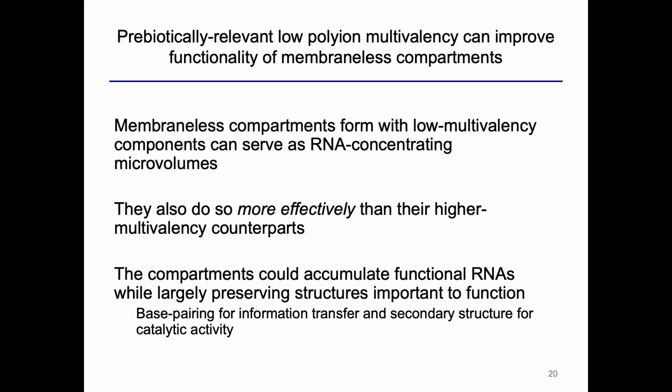And the compartments can accumulate functional arrays while largely preserving the structures, which is very important to function. So when you have these shorter components, they will actually preserve the structure, which can help improve the functionality of the coacervates.